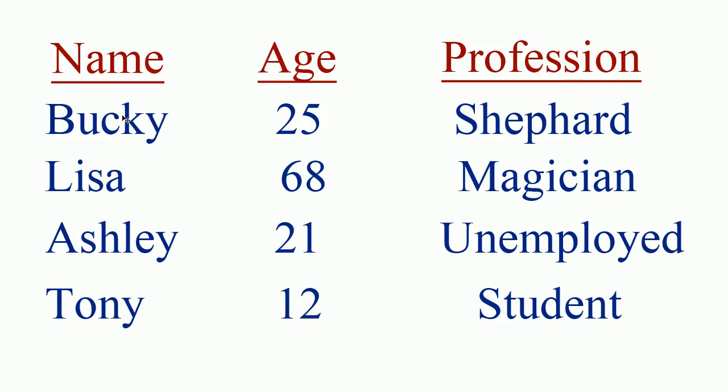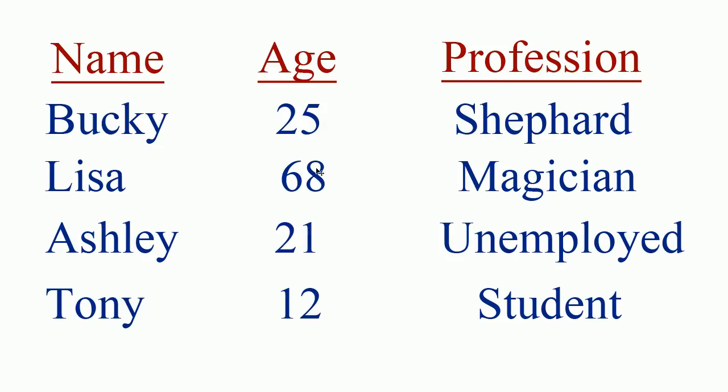So you say, okay, what about a person named Ashley who is unemployed? And think about this for a second. How many people named Ashley are unemployed in the United States right now? Probably 5,000, I'm guessing. Well, this isn't a really effective way to make a table because you can have a lot of duplicate entries. You can even have Ashley that's 21 and unemployed. There are probably a couple hundred of those.